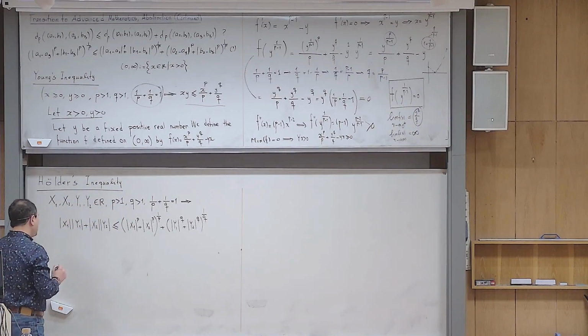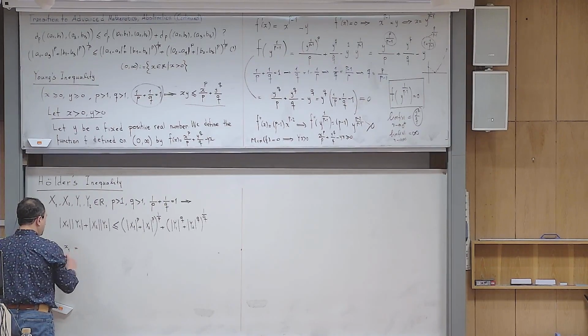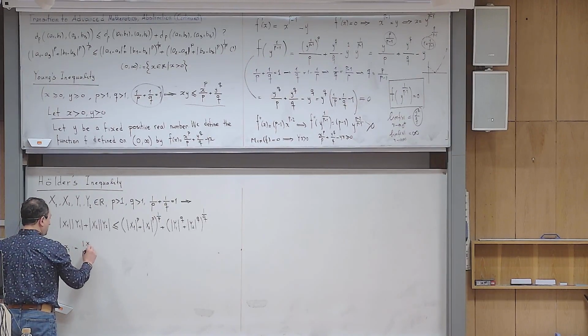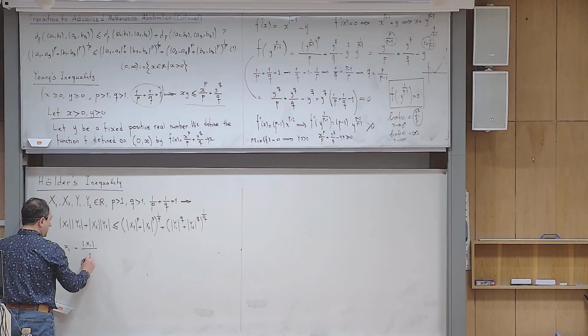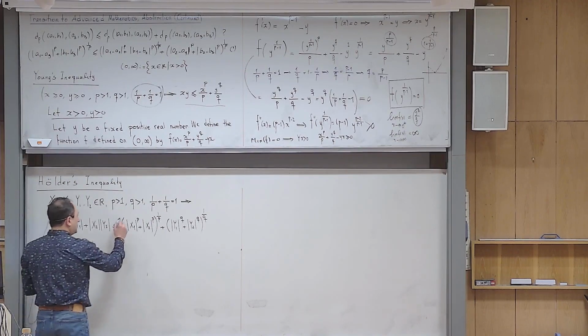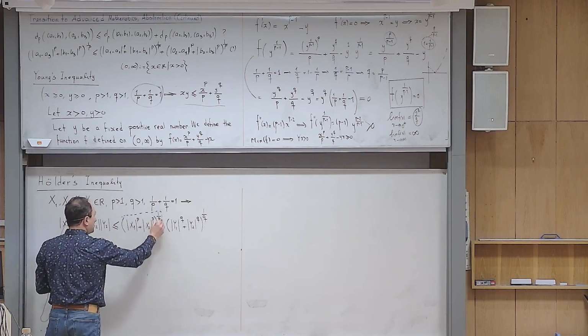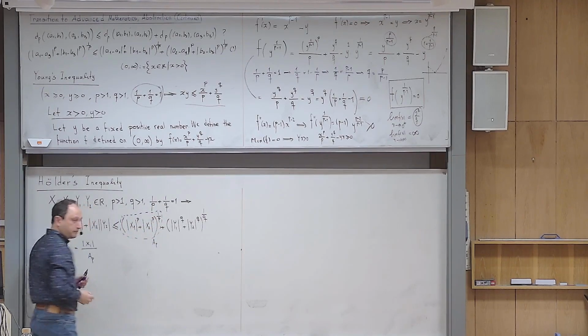And now I introduce two variables. So I would say that let little x1 be defined as the absolute value of capital X1, divided by a sub p. What do I mean by a sub p? Because I'm lazy to write over and over, let us assume that this expression, I call it a sub p.